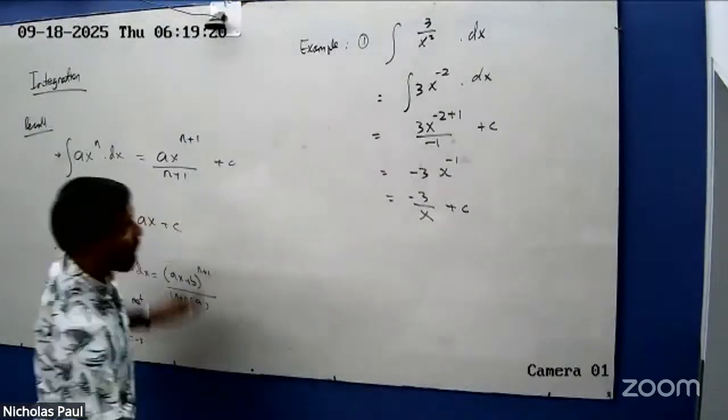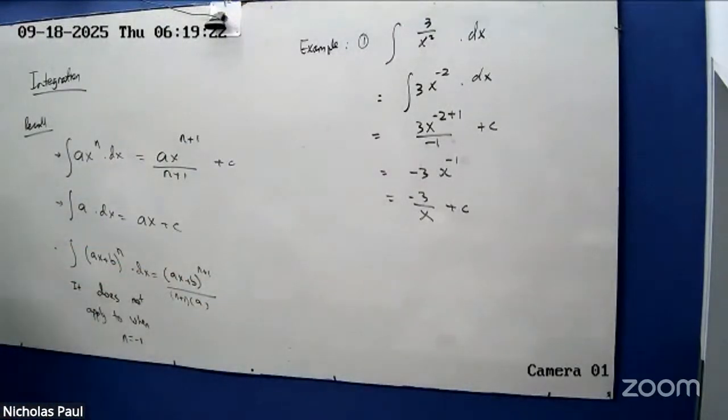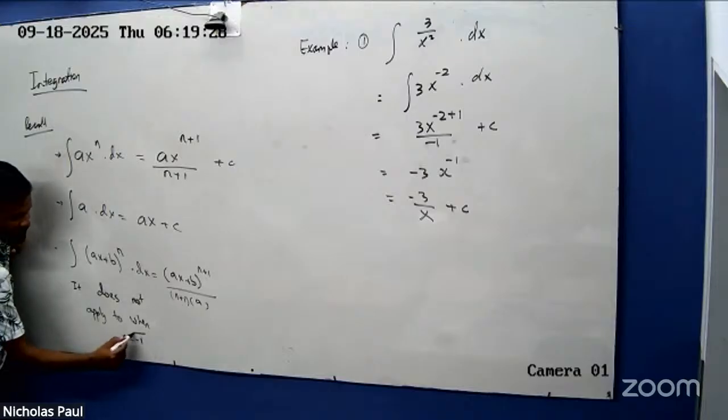Okay? Copy this down. You're okay with this basic integration? And the problem is this, right? When n is -1.